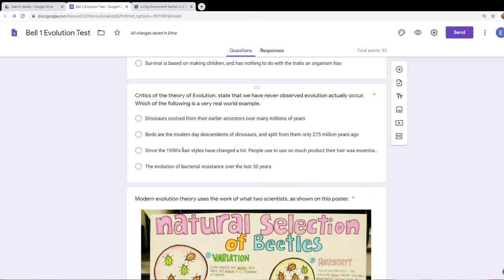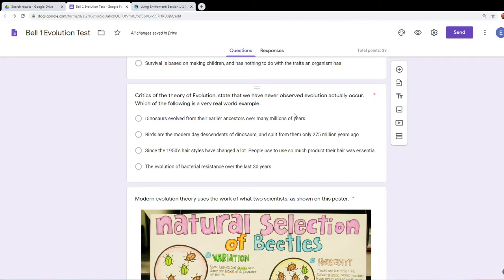That since the 1950s, hairstyles have changed a lot, and people used so much product in their hair that their hair was essentially plastic? Or that bacteria have evolved resistance to antibiotics over the last 30 years? Which one of those is a real world example of us seeing evolution happening?